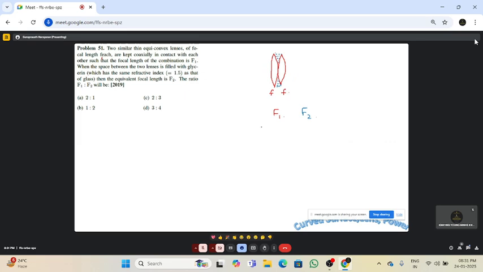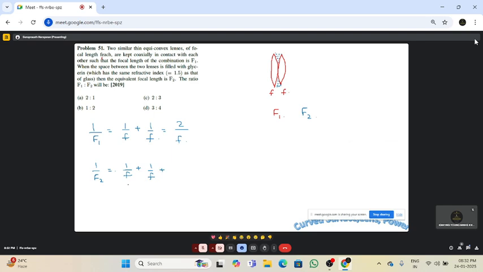So first combination: 1 by F1 is equal to 1 by F plus 1 by F. So it will be 2 by F. The second situation of the combination is 1 by F2. These two are still there, so 1 by F plus 1 by F remains. The only thing is you have an additional concave situation, the glycerin.